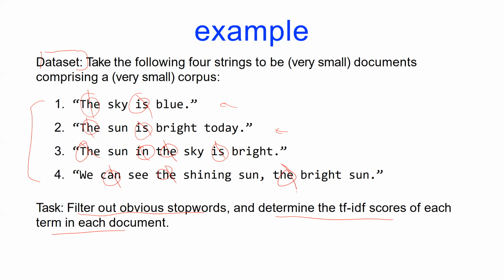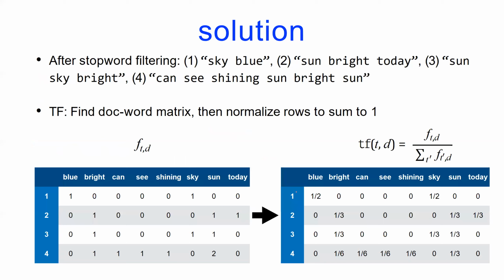Okay, after removing these, we arrive at something like this. The first document only contains sky blue. The second document contains sun bright today. Then sun, sky blue, can see shining. So this is after we filter out those stop words. Okay, so we have those words now remaining for our corpus.